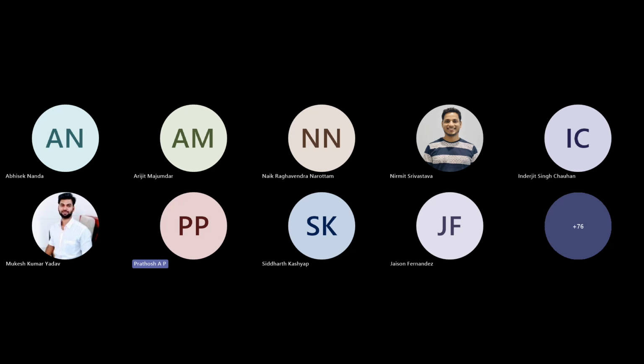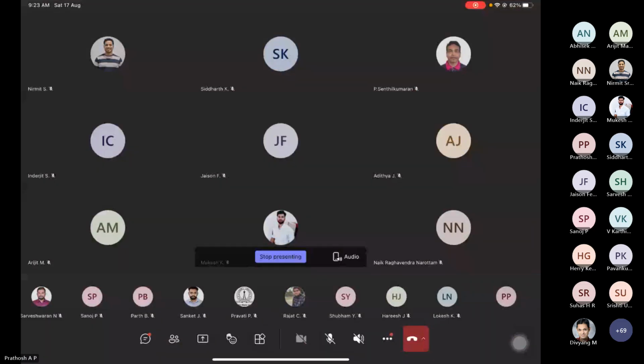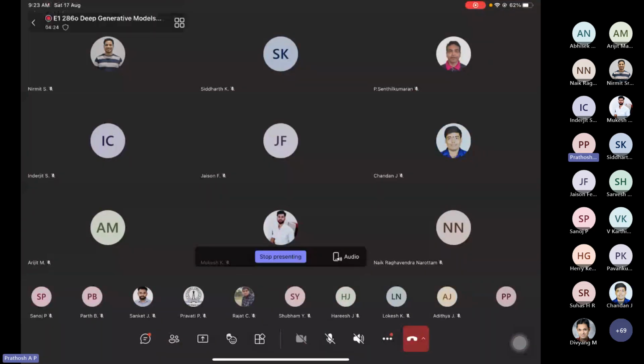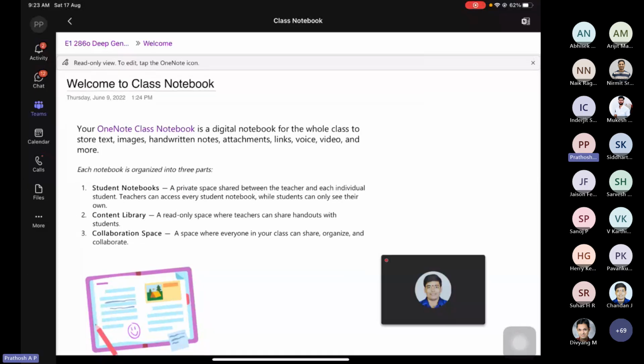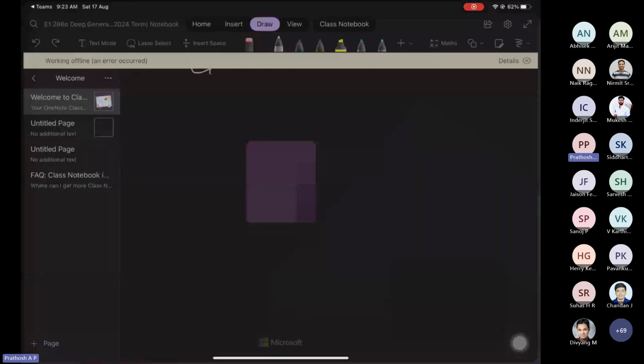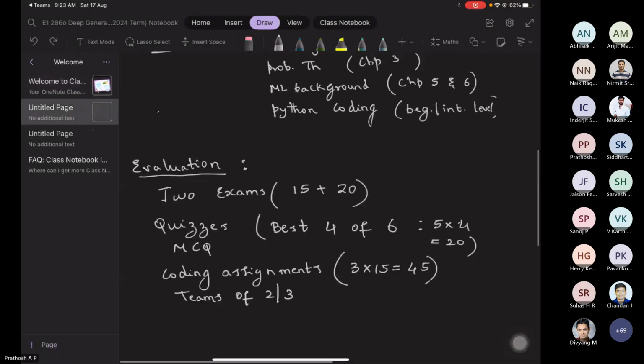Start broadcast. It's visible now, sir. Where is it? To edit, tap OneNote icon. On the top right. I see, I see. Got it. Okay, great. Thank you.